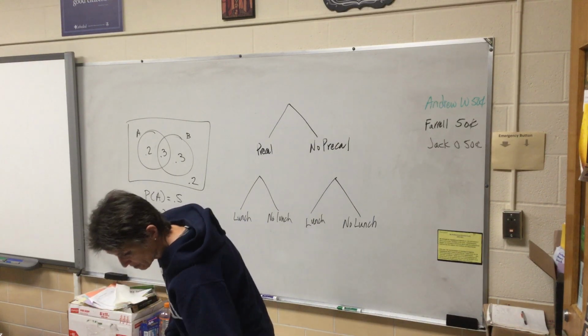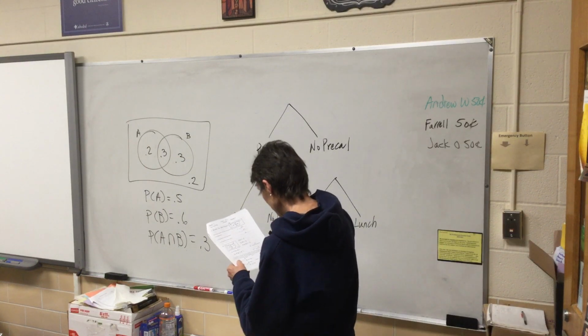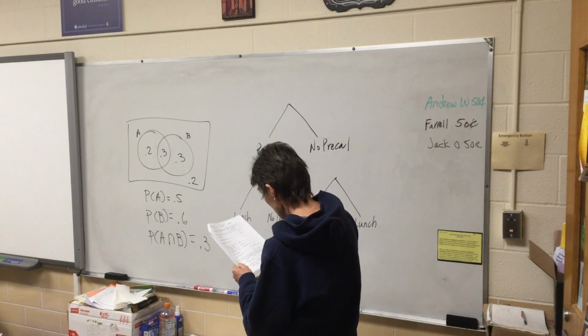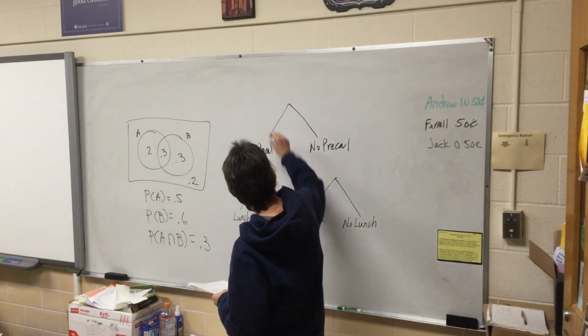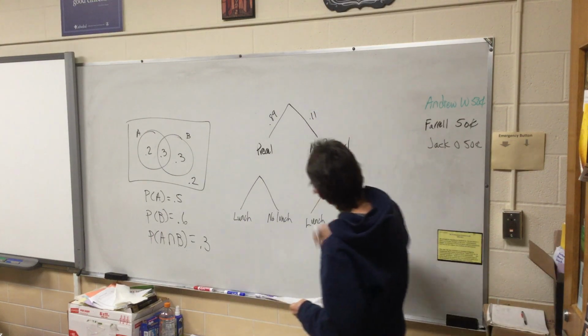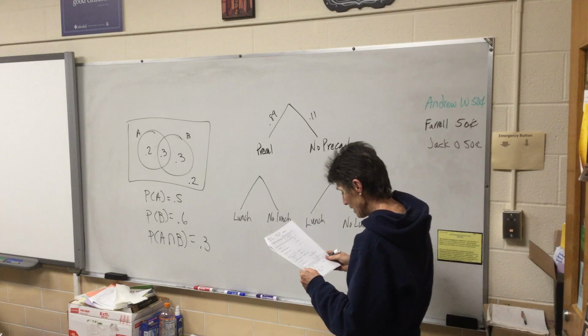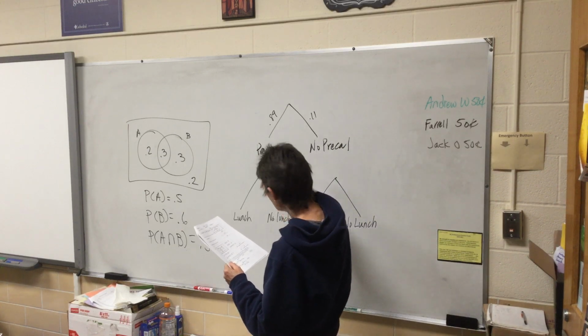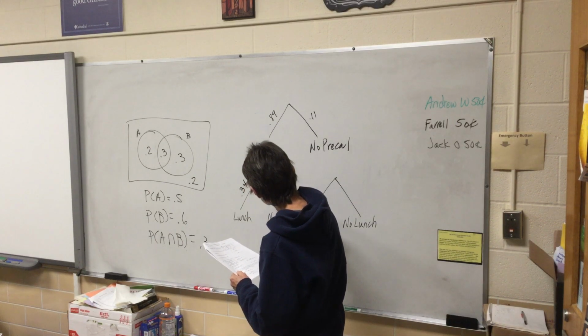I lost somebody, so I got to figure out who that is later. All right, so here we go. The probability that a student takes pre-cal is 89%. So I'm going to put an 89 and an 11 on that first one. And then if he takes pre-calculus, he buys lunch 34.